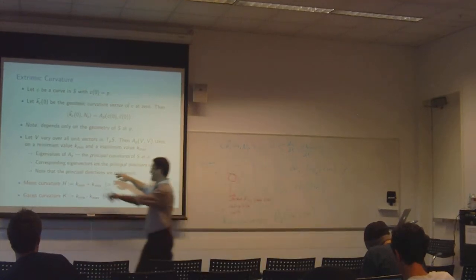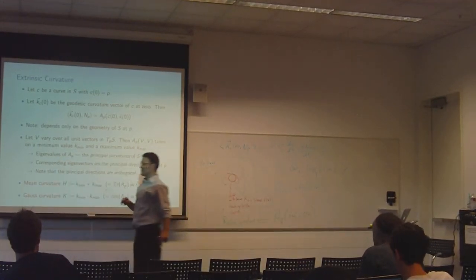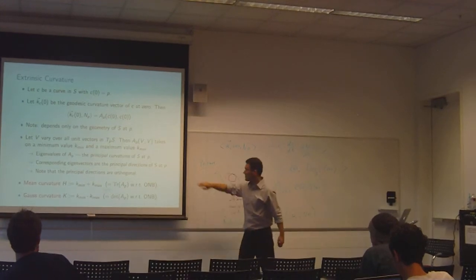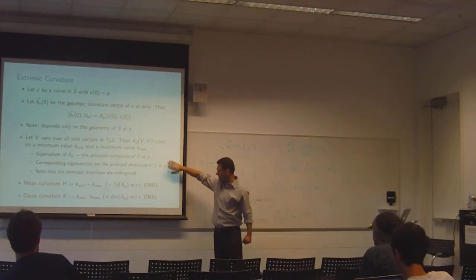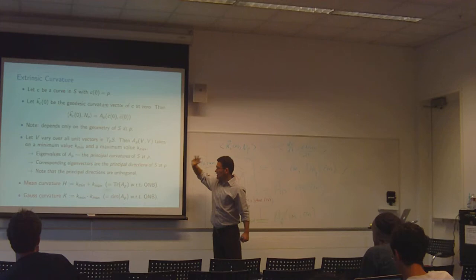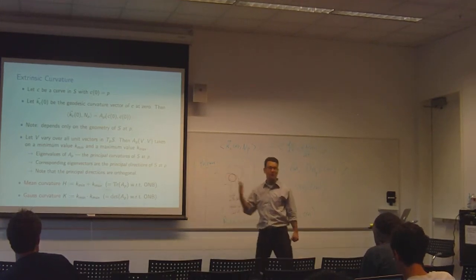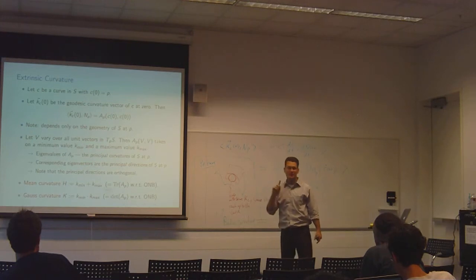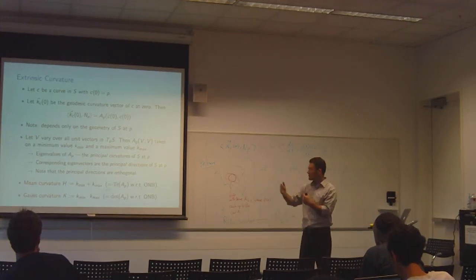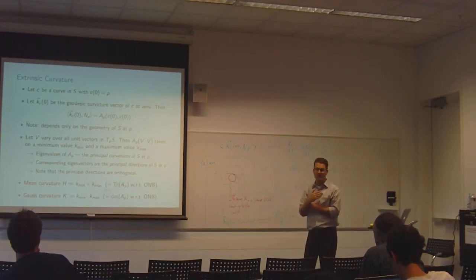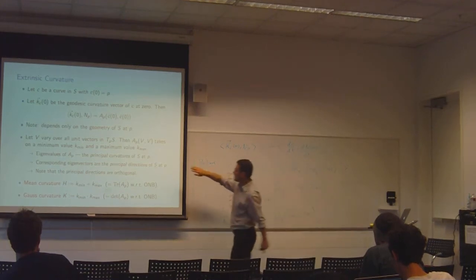Now, I say here that there are eigenvalues and eigenvectors. We won't go into this, I'll just say why it's true. This comes from linear algebra. When you have a quadratic form, like the second fundamental form, and you vary it in this way, you can prove that you pick up the eigenvalues and eigenvectors. So this statement comes from linear algebra.